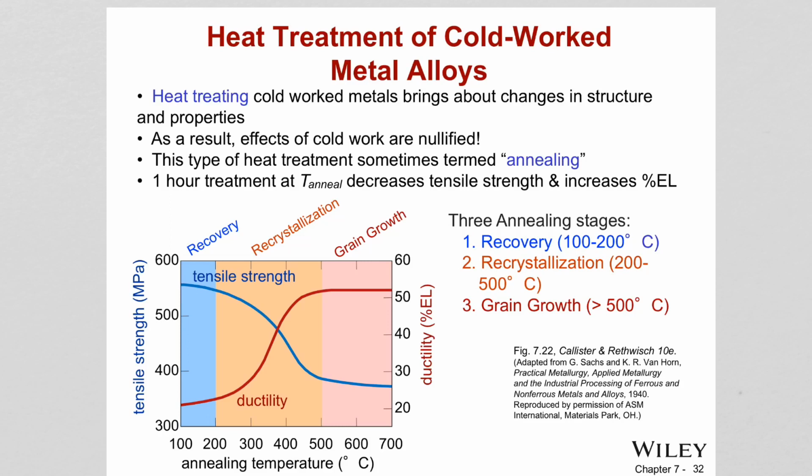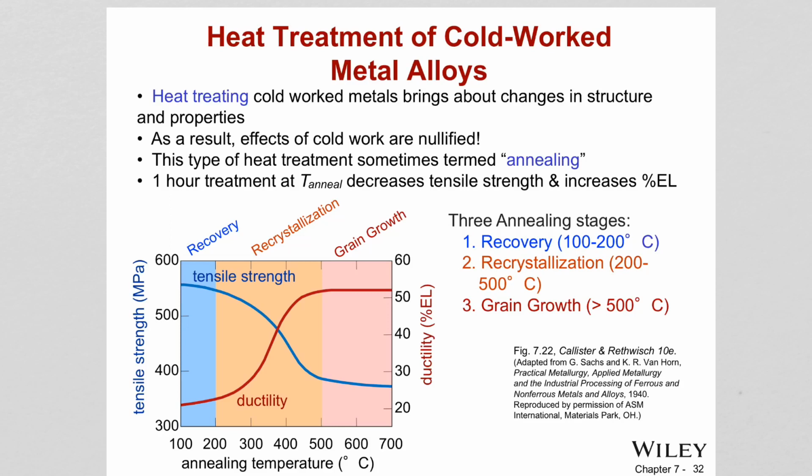Remember, when we do cold work, the grains were elongated and the number of dislocations in those grains increased. What happens is that dislocations now have enough energy due to the temperature to rearrange themselves and neutralize themselves in the form of grain boundaries. In recrystallization, as the name implies, new grains, new crystals form from those damaged grains. And this will dramatically increase ductility while dramatically reducing the tensile strength.